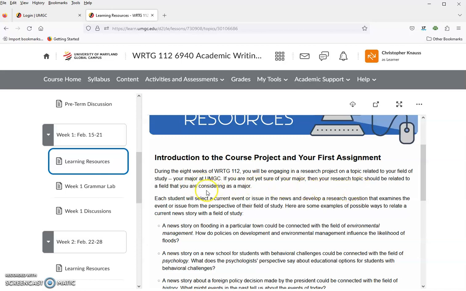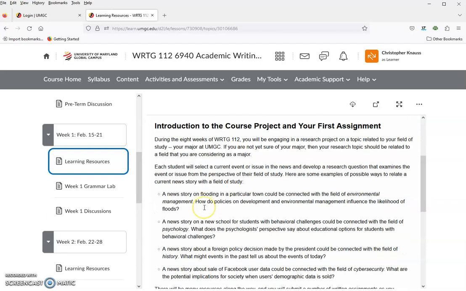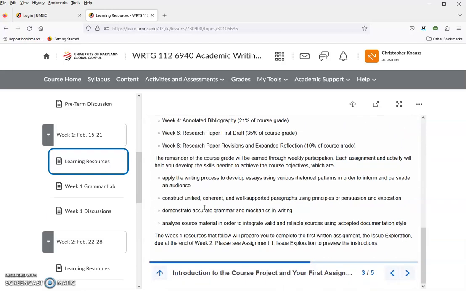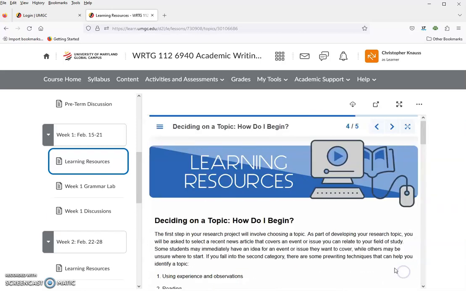It could be related to a field that you are considering as a major, but the most important thing is it's an academic, scholarly topic. It's not a popular news type of assignment. So I think that's it for that part.